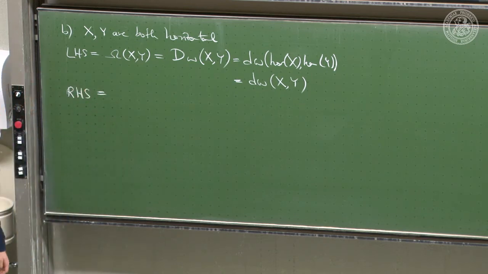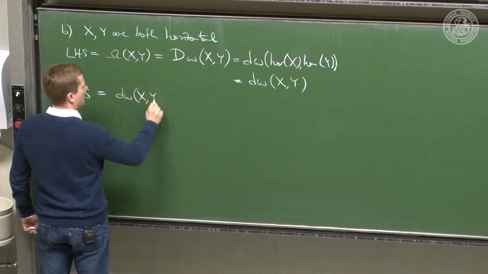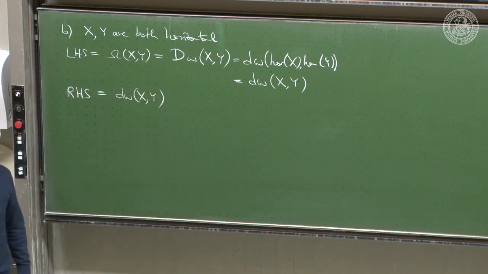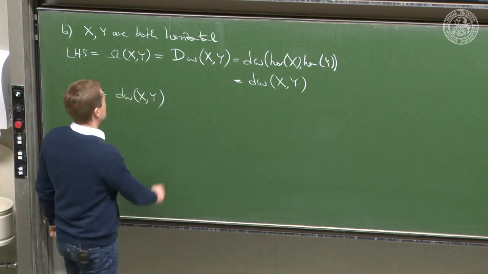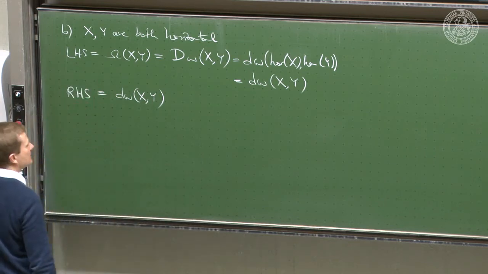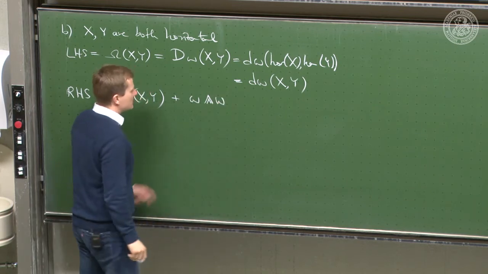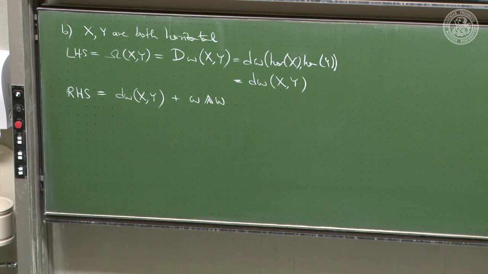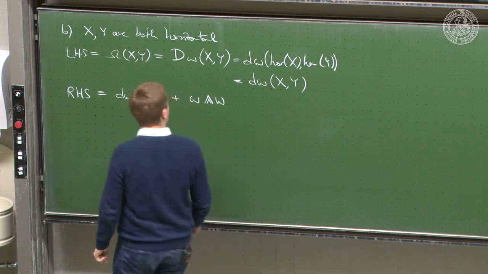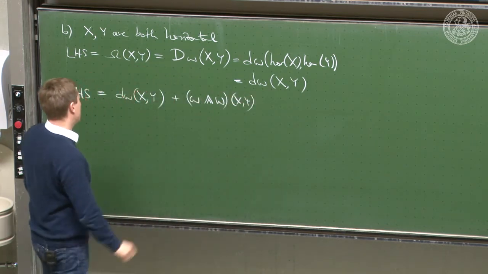Now the right-hand side starts precisely like that. It starts with d omega of x comma y, and here we're not going to use the definition of the d omega because we already have the term that we want. We just have to check whether the additional term vanishes. So that's the omega double wedge. This double wedge is supposed to remind you of the double bracket, right? So that's why I have the double wedge. Suppose the same type here of x and y, okay? And so what is this?